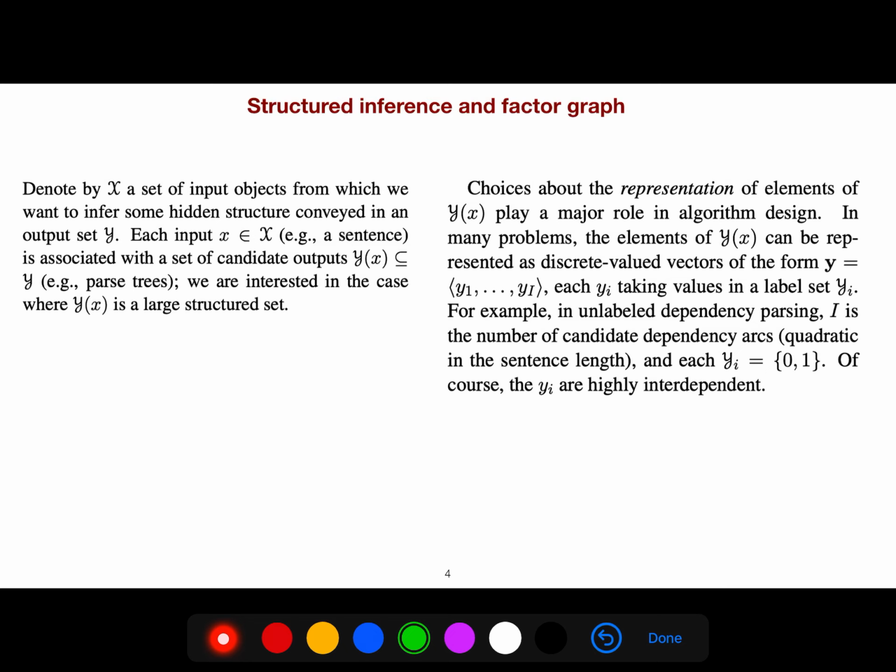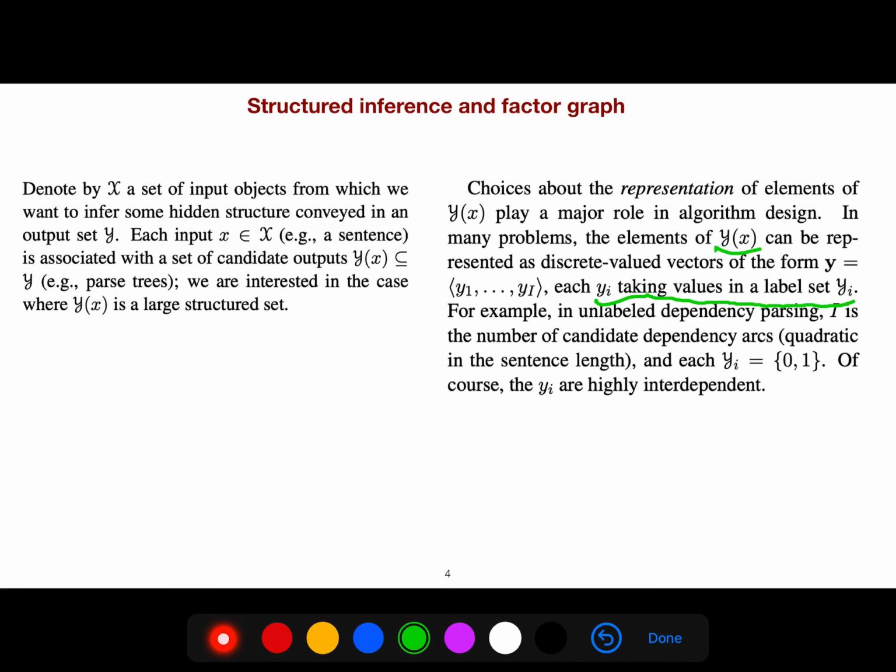So the choices about the representation of elements play a major role in the algorithm. The elements of Y can be represented as discrete vectors, so Yi takes a value in a label set.